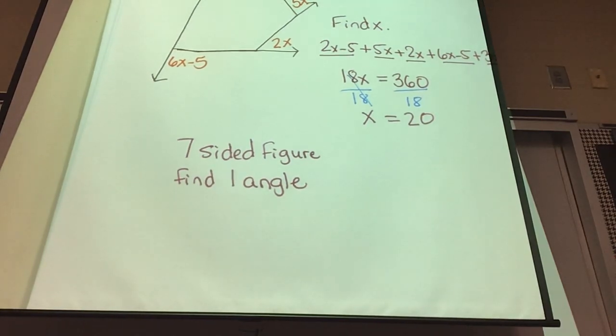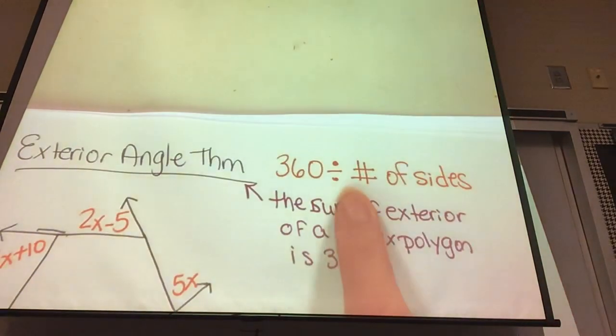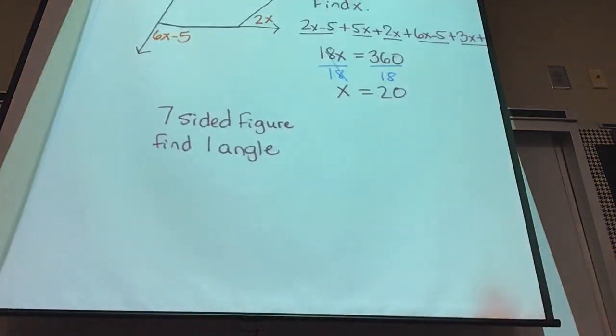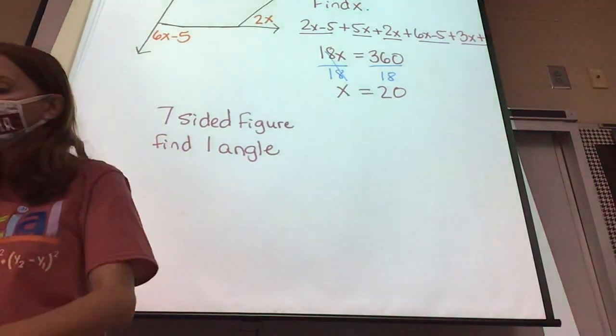So, what would you do? It's this one. Just simply use this. That's going to tell you what one angle is going to be. So if they don't give you any information, they don't give you a picture, they don't tell you that it's 7x minus 3, you simply use the theorem that I gave you.